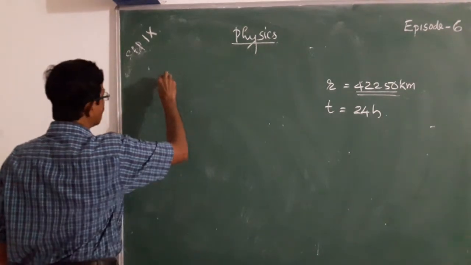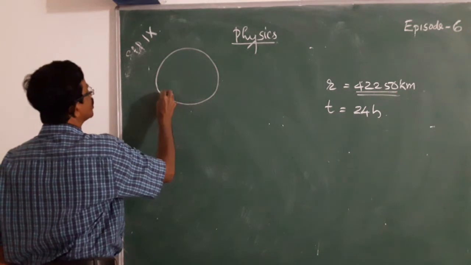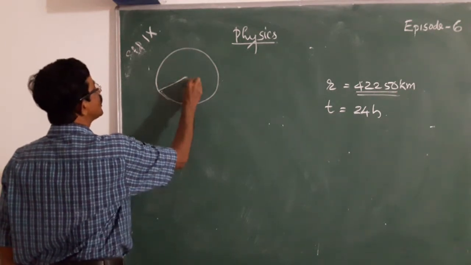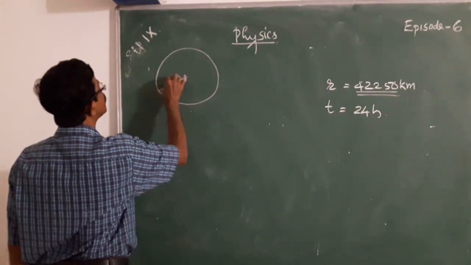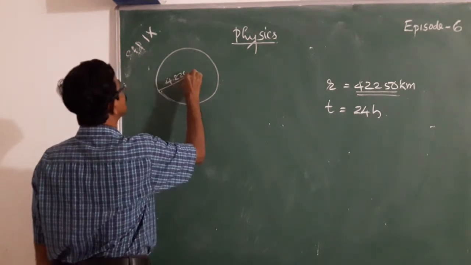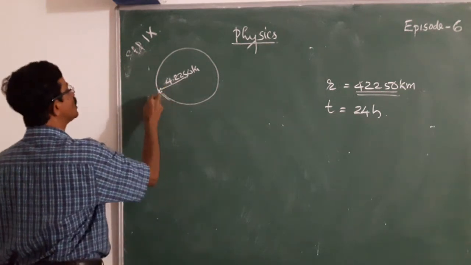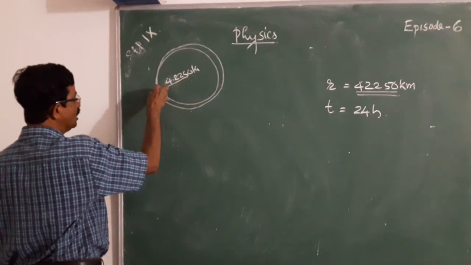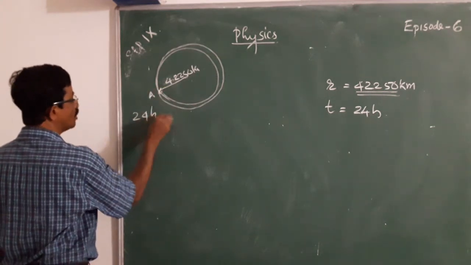To go once around, suppose it starts from A and moves this way and comes back again. The time taken for this travel is 24 hours.